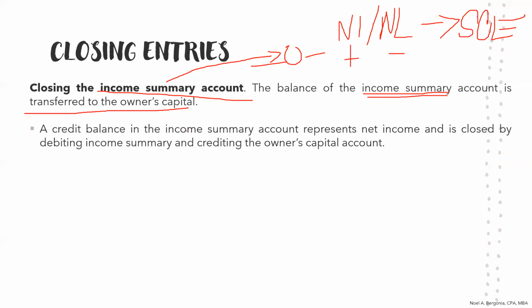So here, a credit balance in the income summary account. Please write this down. This credit balance in income summary account actually reflects a net income.